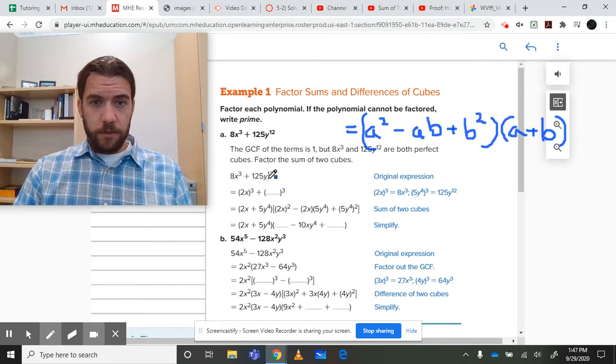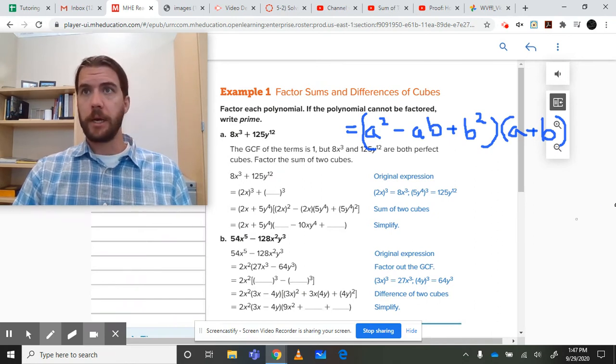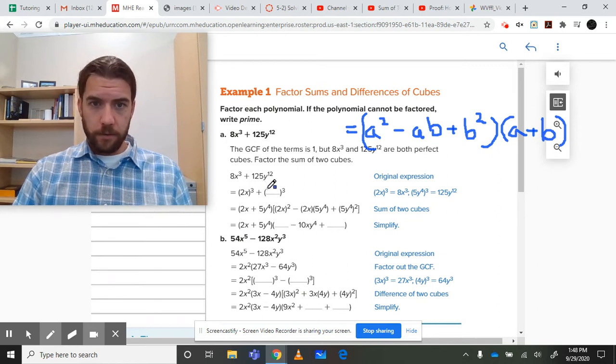They say that these two terms are going to be our cubes. Well, they're not cubes yet, so we need to turn them into cubes first. So 8x cubed can be 2x, that quantity cubed, and 125y to the 12th, gosh, what's that going to be? That would be 5y to the 4th, cubed.